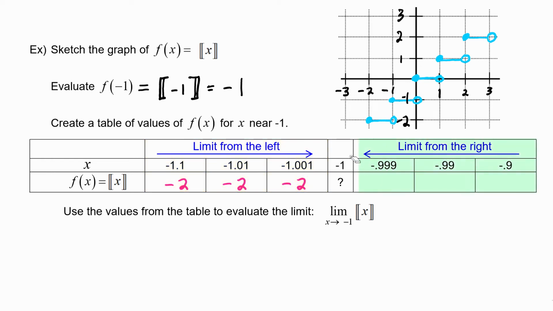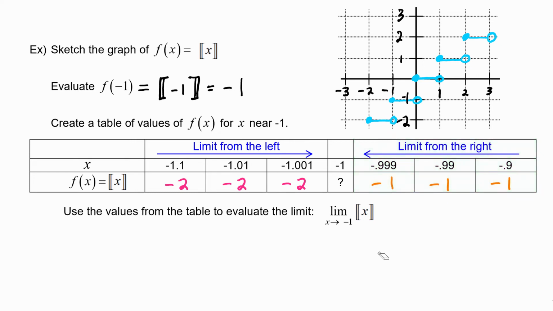Now, coming in from the right, we know that the greatest integer of -0.9 is going to round down to -1, and so will -0.99 and -0.999.